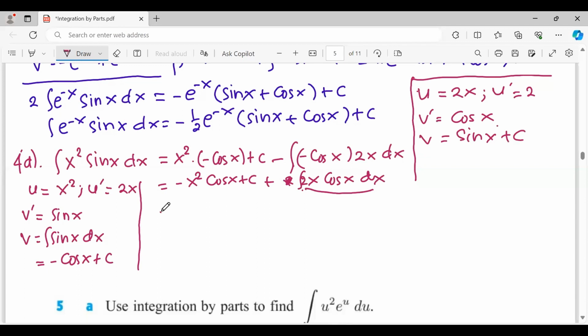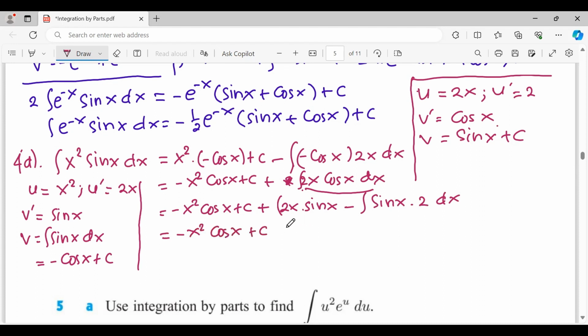So it becomes minus x squared cosine x plus c, plus u times v, x times sine x, minus the integral of v times derivative u, sine x times 1 dx, which comes sine x plus c, plus 2x sine x minus 2 integral of sine x, which is minus cosine.